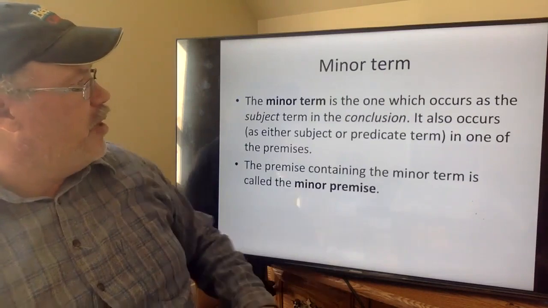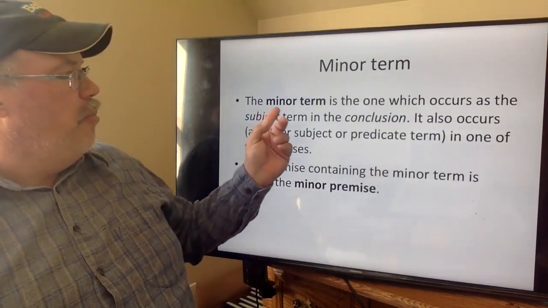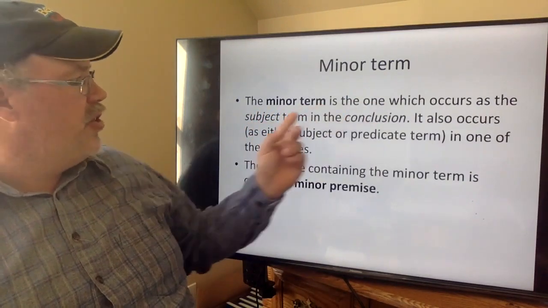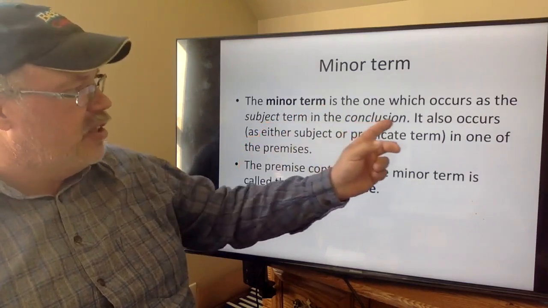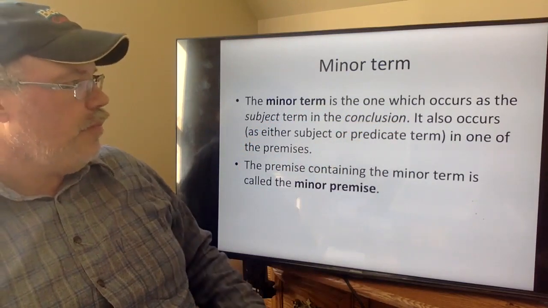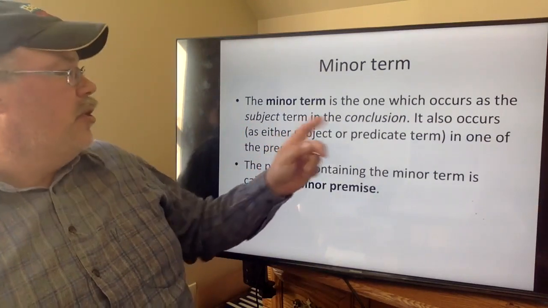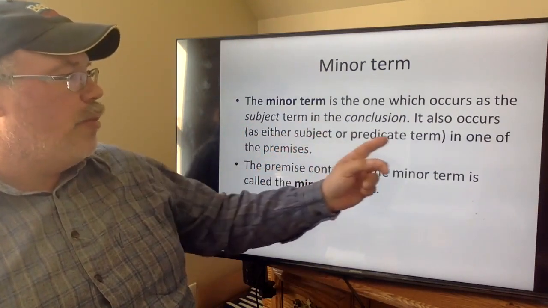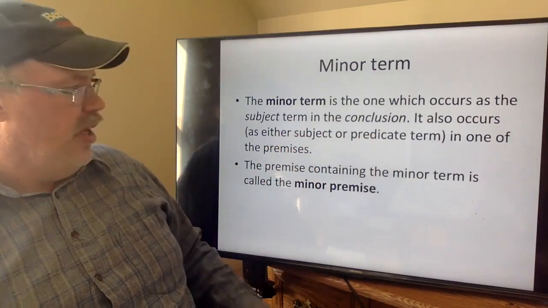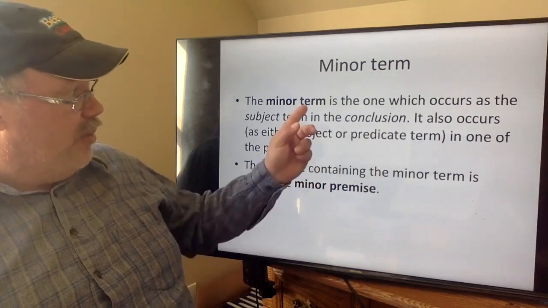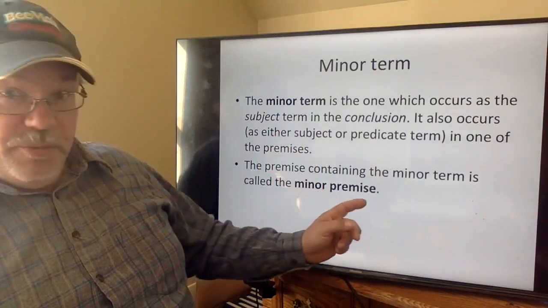Let me explain what I mean. The minor term is the one which occurs as the subject of the conclusion. It also occurs, because they all have to occur twice, as a subject or a predicate in one of the premises. The premise that has the minor term is called the minor premise.